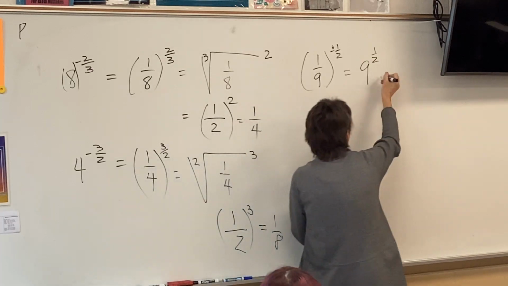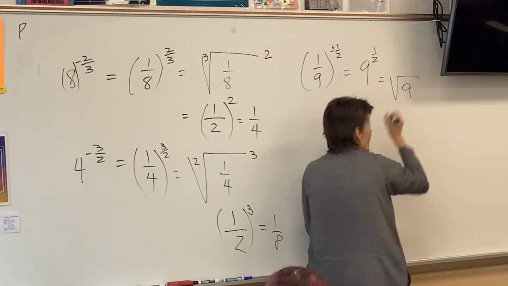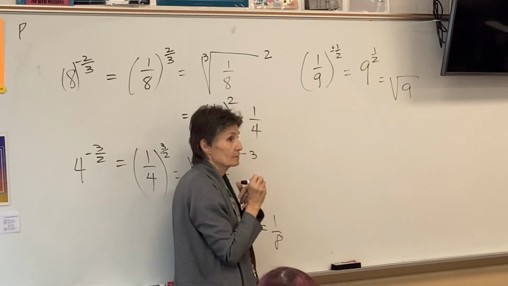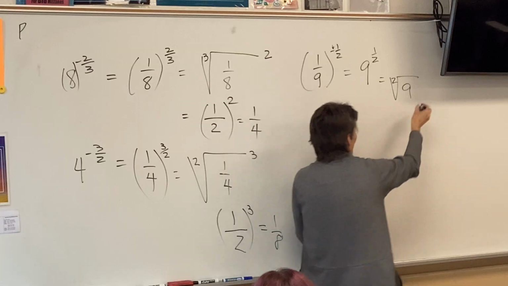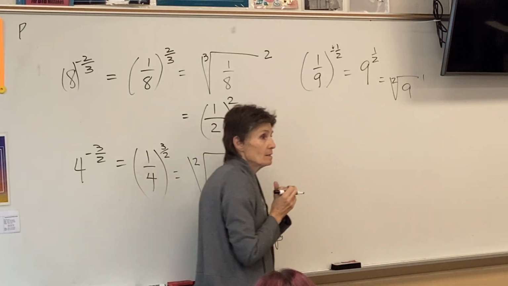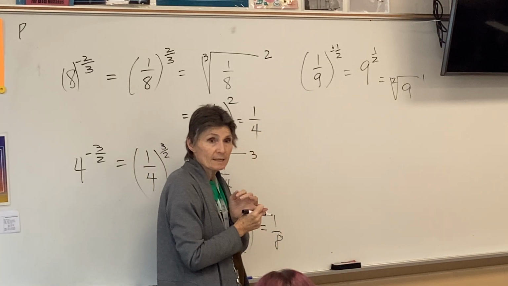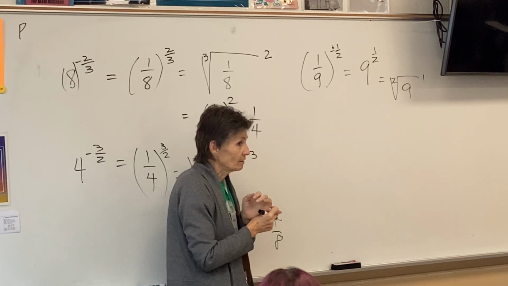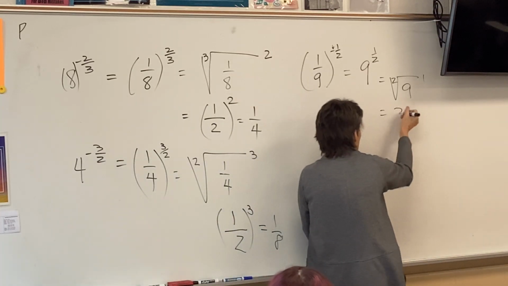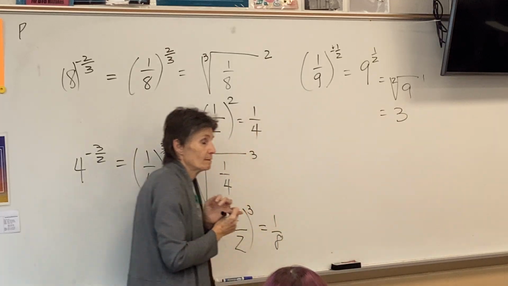That is a radical with a 9 under it. The root is 2, the power is 1. The square root of 9 is 3, and 3 to the first is still 3. So the answer to that problem is 3.